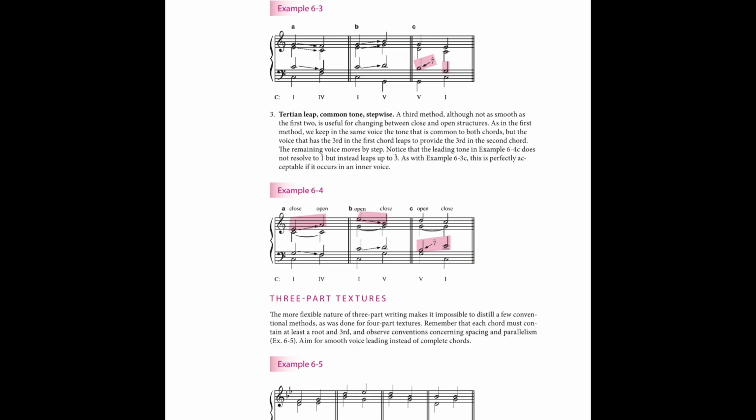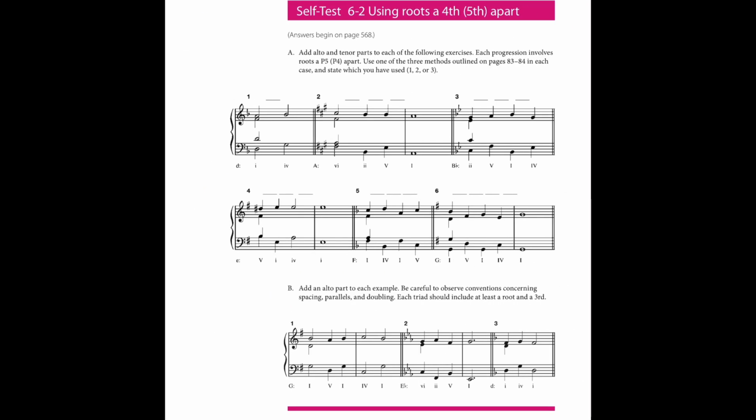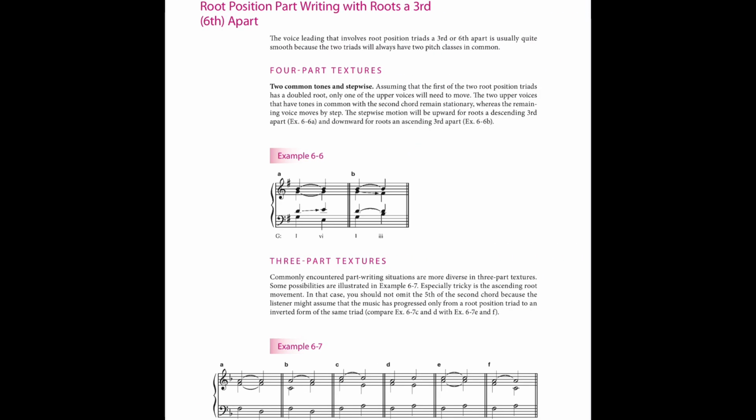In the 3-part texture, I just really said SAB, that's 3 parts. Okay, I'm not gonna go too crazy with this. So I'm just gonna go to the next part.